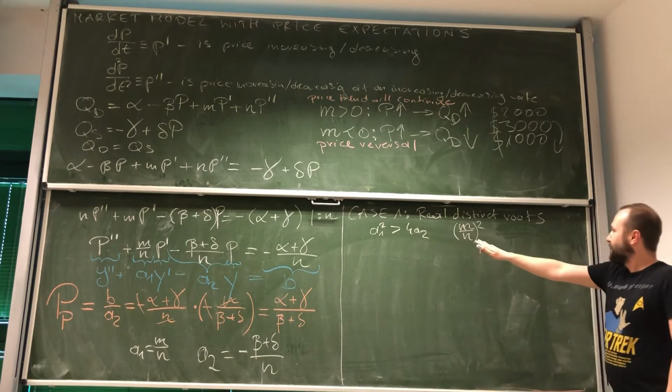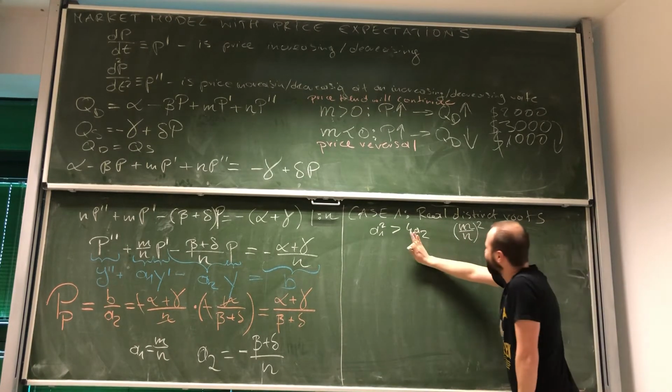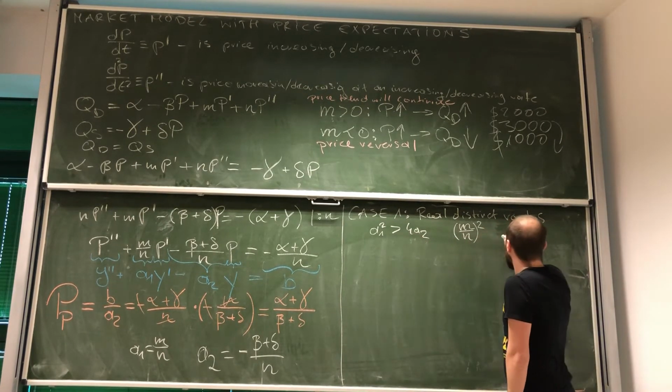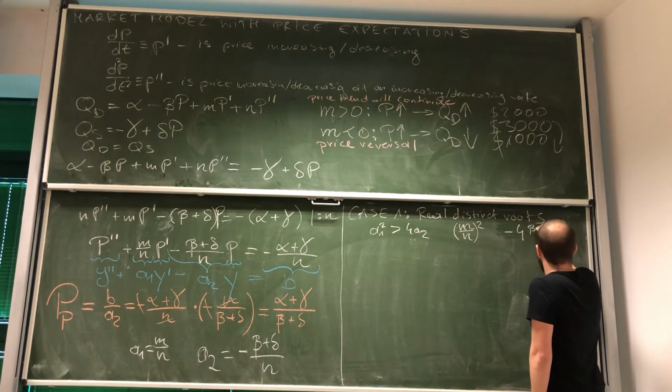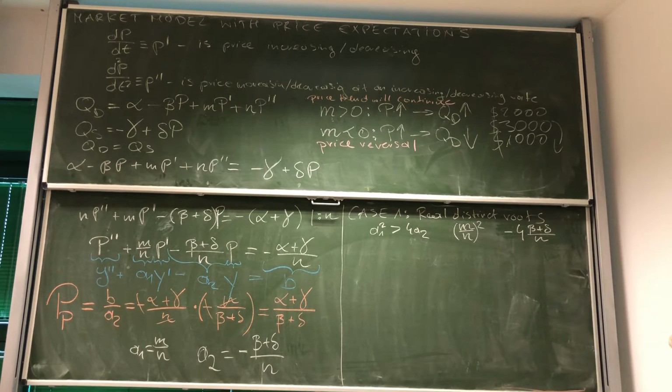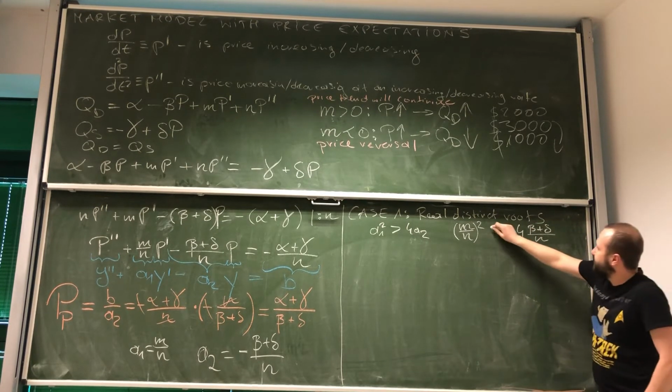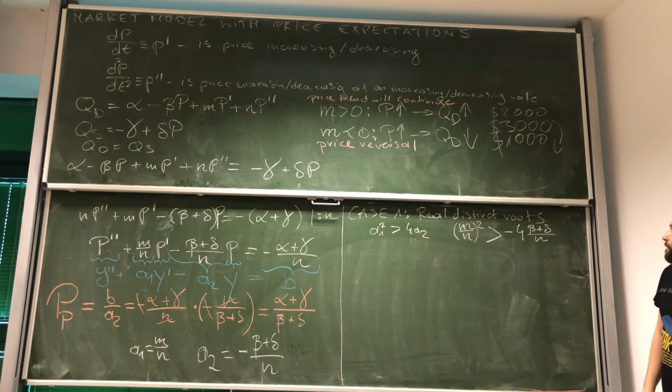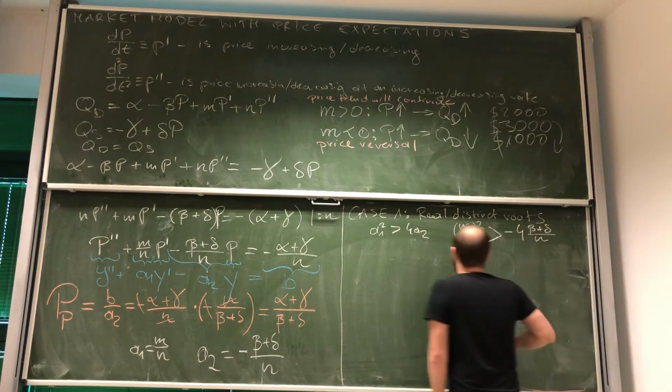So 4a2 is simply negative 4 times beta plus delta over n. In the first case, we assume that this is bigger.